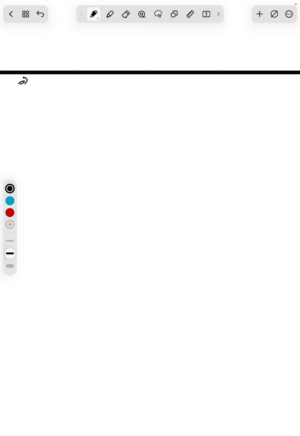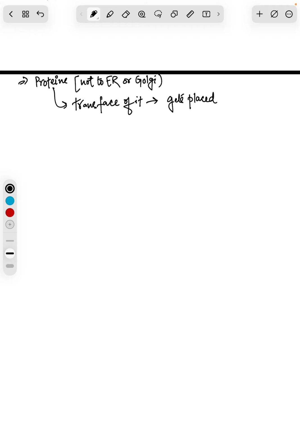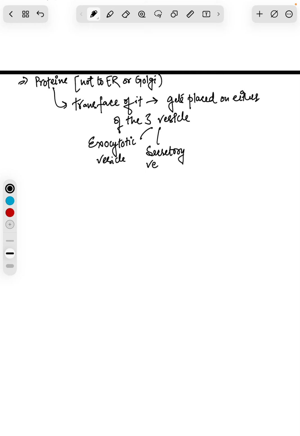Those proteins which are not meant to be sent either to ER or Golgi get transported to the trans phase of it and get placed on either of the three vesicles: either exocytotic vesicle, or secretory vesicle, or lysosomal vesicles.